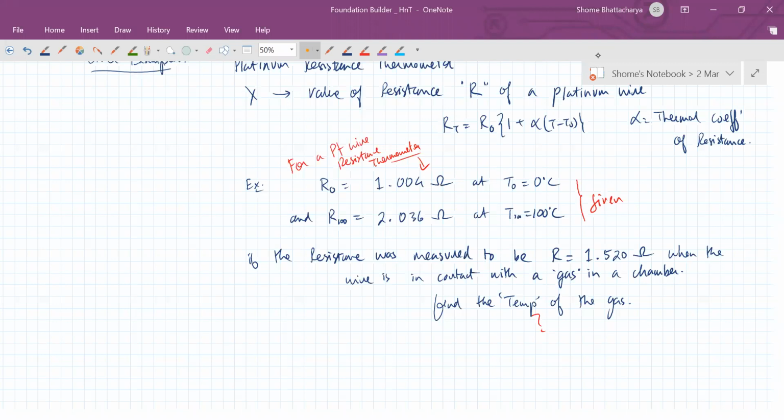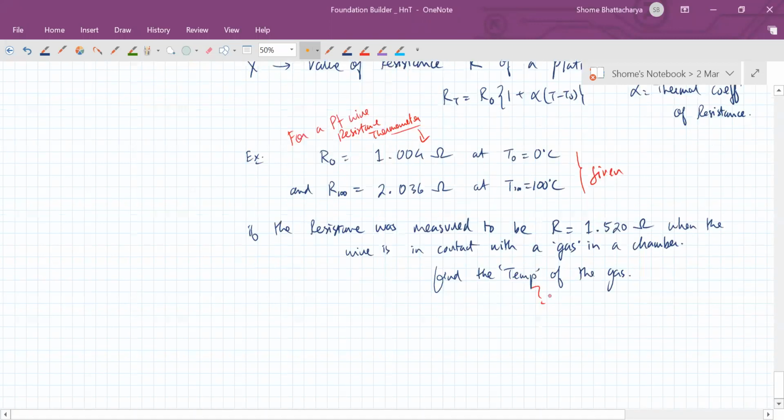Yes, very good, Kunj. That's correct. So we'll just use this formula here.